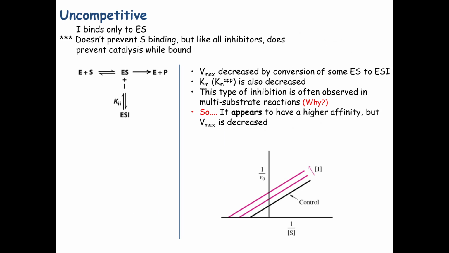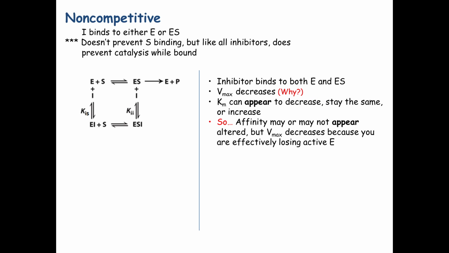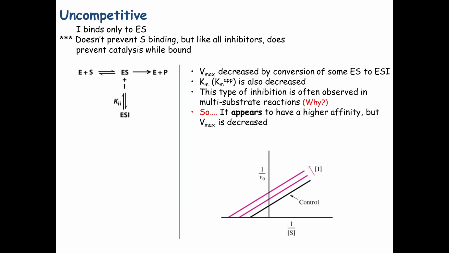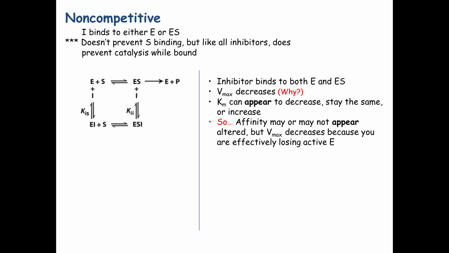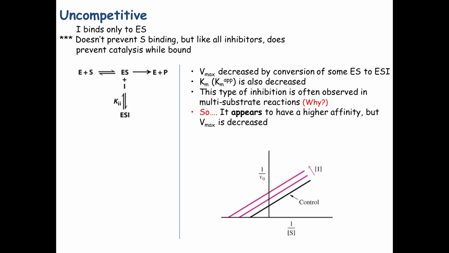For both uncompetitive and non-competitive, the inhibitor binds to the ES complex in both of these cases, correct? So under Vmax conditions, again, we'll ask ourselves, how do I get to Vmax? I have as much ES as possible. How do I get as much ES as possible? I add saturating amounts or infinite amounts of substrate. Well, there'll be plenty of ES around in that case.